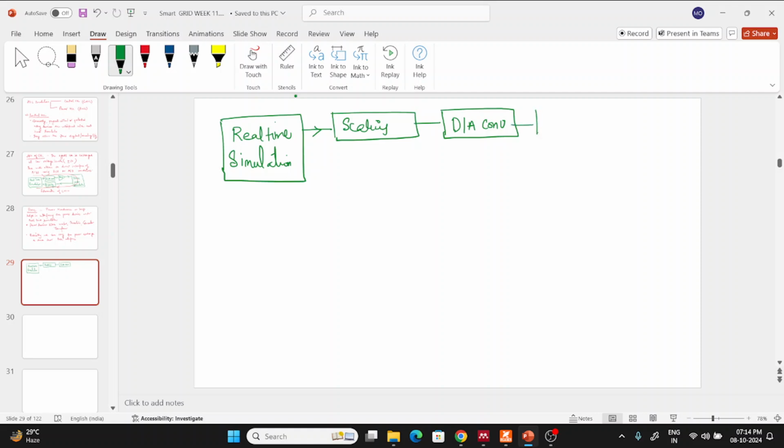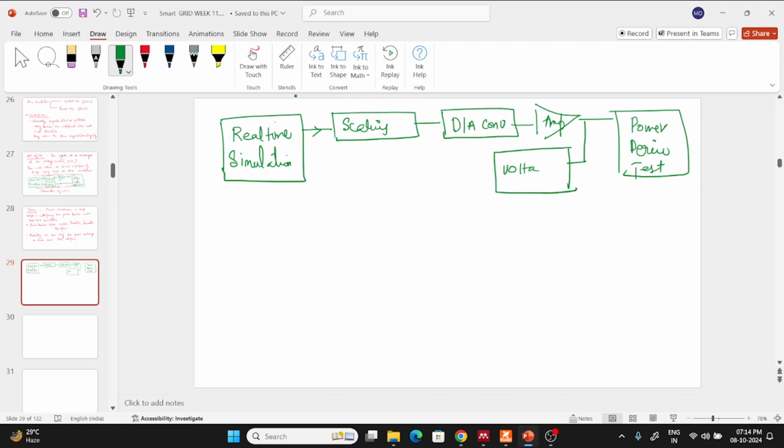Then after that, it is amplified and it is given to the any power device which is under test. Then from there, voltage and current sensors will take the output.